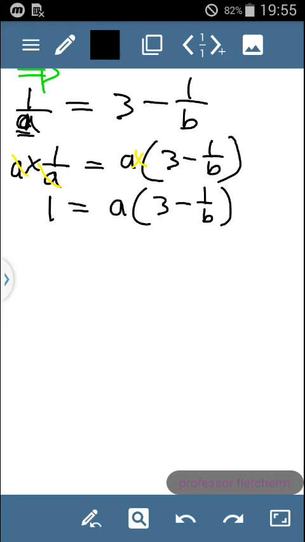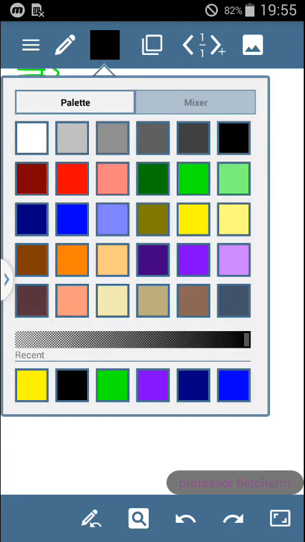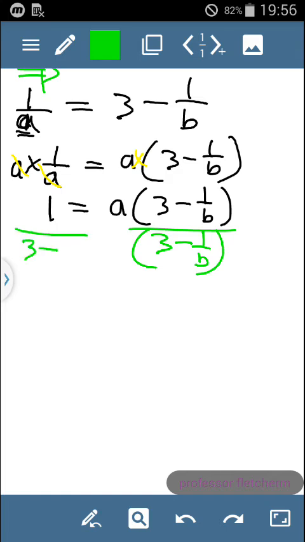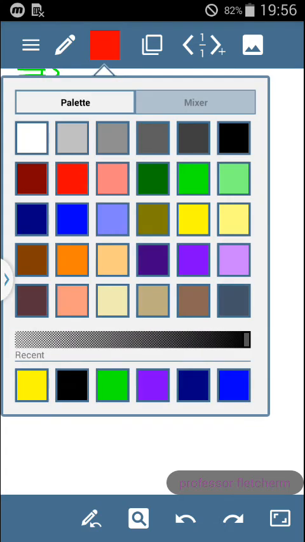What does that mean? Well, since we want to make A subject of formula, we can easily remove that part, 3 minus 1 over B. So what we do on the right hand side, we also need to do that on the left hand side. There's going to be a lot of cancelling out of each other.